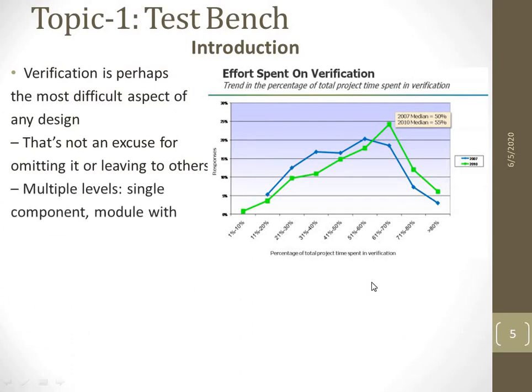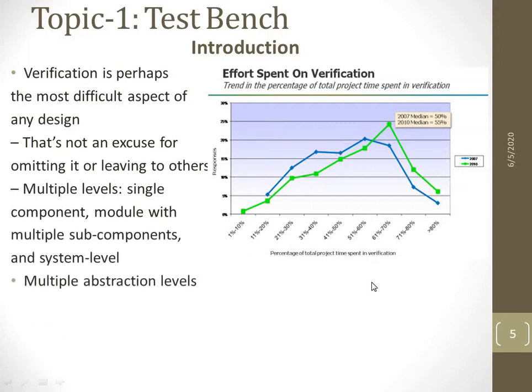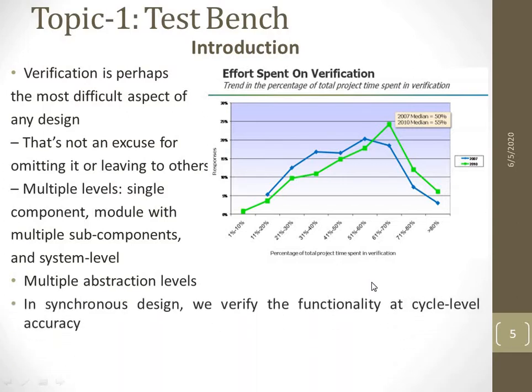And when we consider multiple levels, a single component, a module with multiple sub-components, and system level, so multiple abstraction levels, it again takes a little more time. In synchronous design, we verify the functionality at cycle level accuracy. If the design is too high, then keep on checking, simulating, verifying, implementing and then verifying.